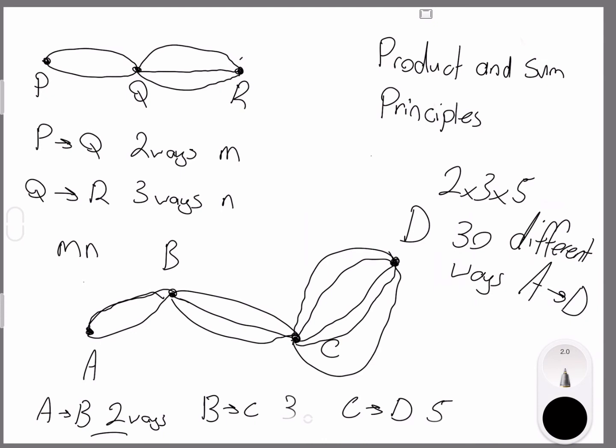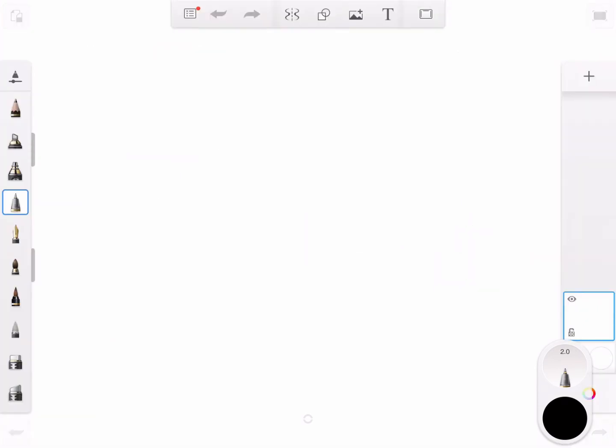So what about the sum principle? If we've got more of a road system where we might have a point P and we're going to join it to points A, B, C, and then eventually Q will be our final destination.